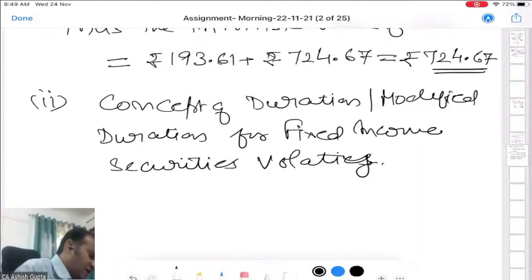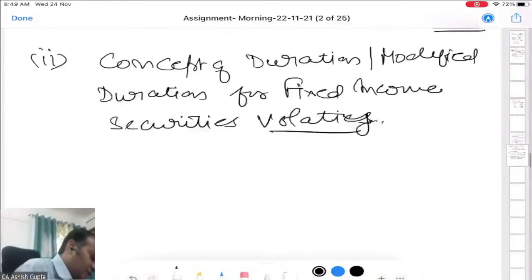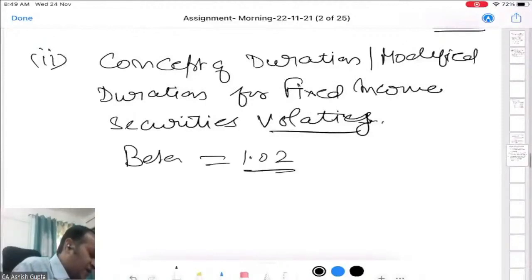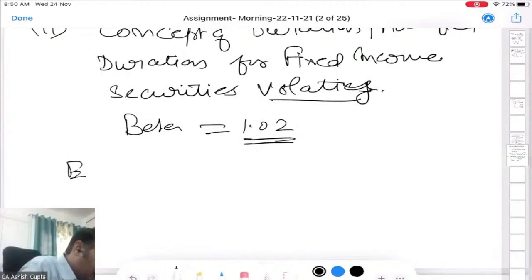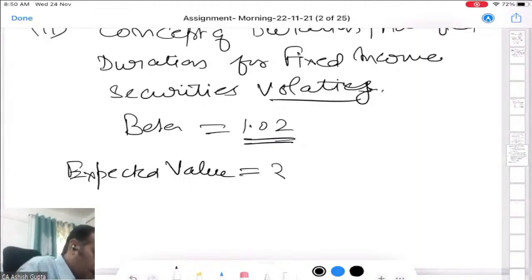For the time being here, since beta has been given to us, it is a kind of an indicator because of its popularity. So we are just simply using the expected value or intrinsic value that has been given to us.